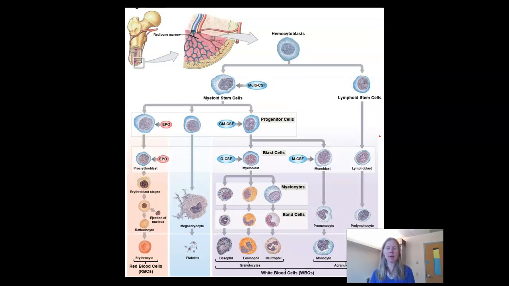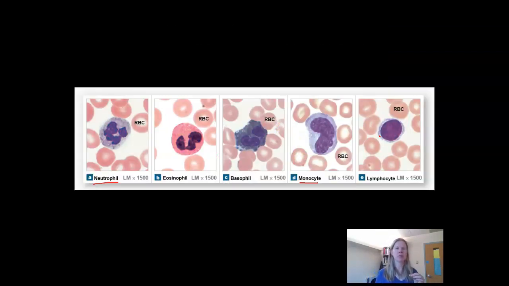All right. What else to tell you about white blood cells? Let's do this. Neutrophils end up by far being the most common white blood cell. Somewhere between 50 to 70% of all your white blood cells are neutrophils. They have this very segmented nucleus.